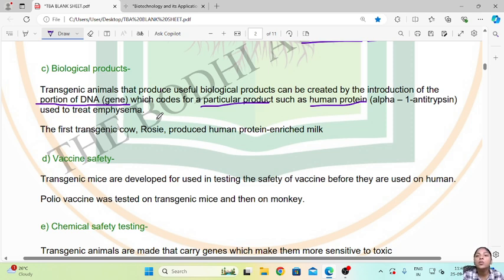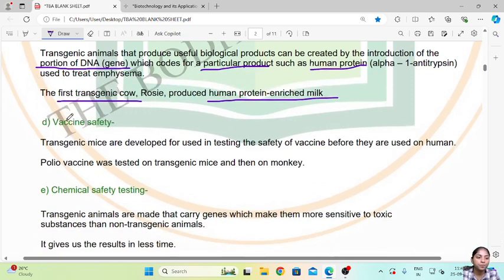For example, human protein used for the treatment of a certain disease. The first transgenic cow, Rosie, produced human protein enriched milk.